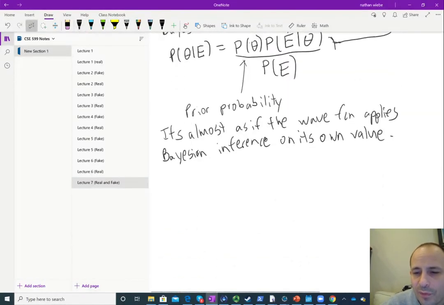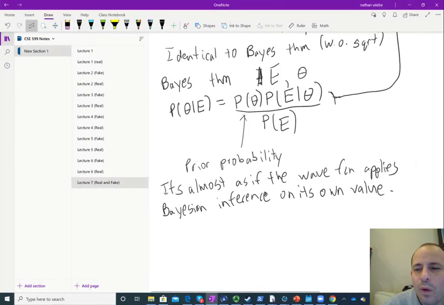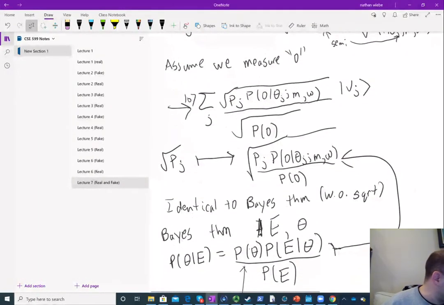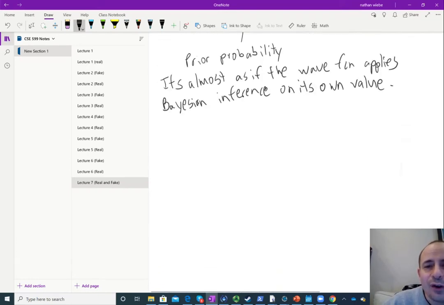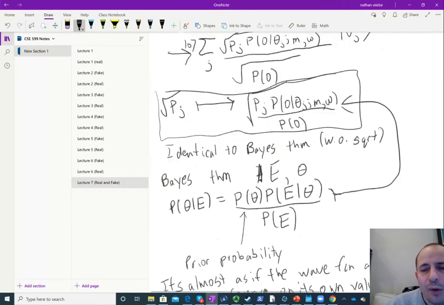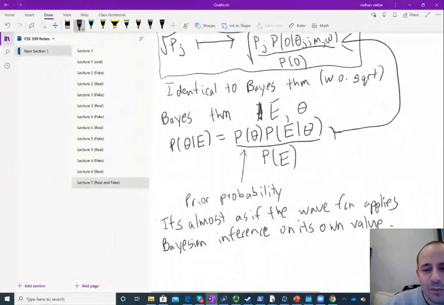And so what will happen is that this expression only has a couple of fixed points. In fact, this recurrence relation, we can easily show, will only be stationary if and only if Pj is a delta function, i.e. if and only if the wave function is an eigenvector.